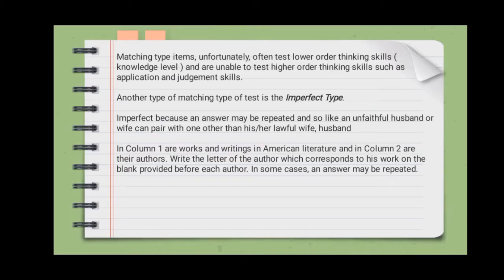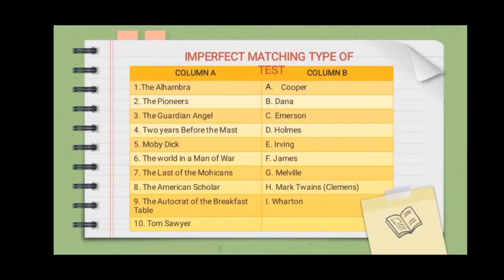So, for example, the items in the first column can be repeatedly matched with items on the other side. So it is called an imperfect type of test. So, this is an example of an imperfect matching type of test. In the first column, the items can be repeatedly matched with the items on the other side.